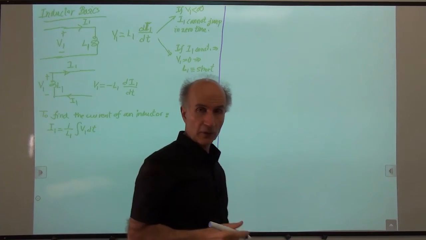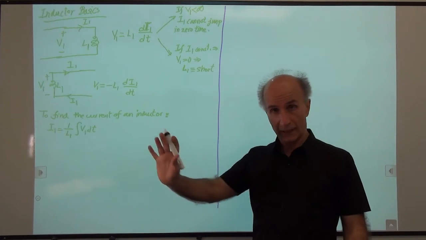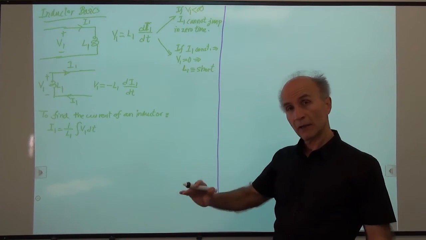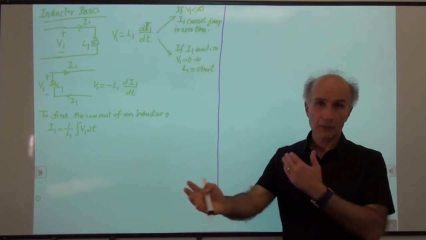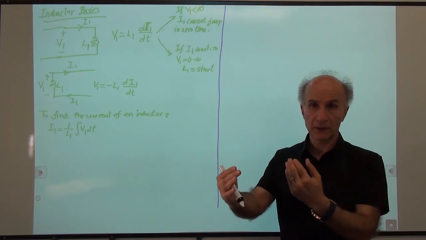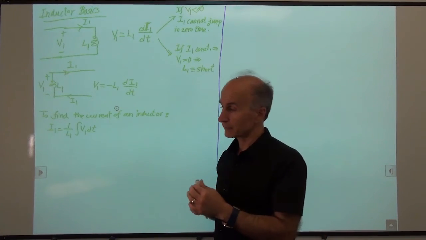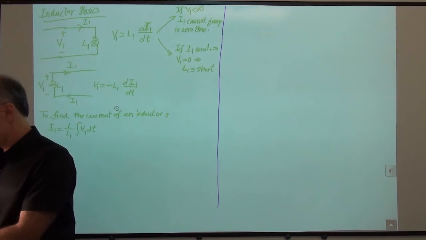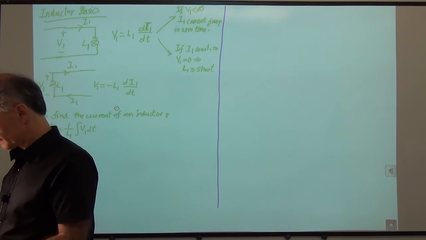So the current through an inductor is given by the time integral of the voltage, or the area under that curve, divided by the inductance value. Okay, so that's how we can find that. So we can always go back and forth between the current and the voltage according to this equation or that equation.